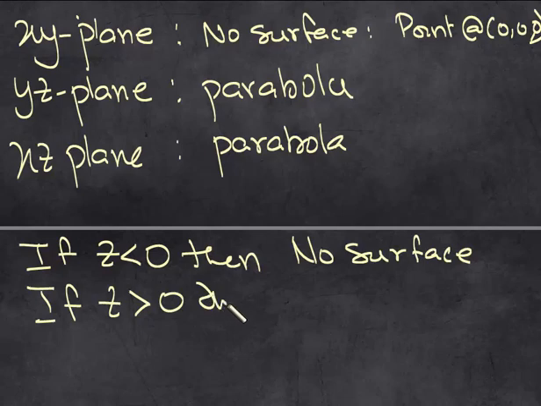Very good. Then we get an ellipse. So basically this graph is going to be above the xy plane. There's nothing below the xy plane because those are the z values that are negative, right? So if you graph it, it should look like this.